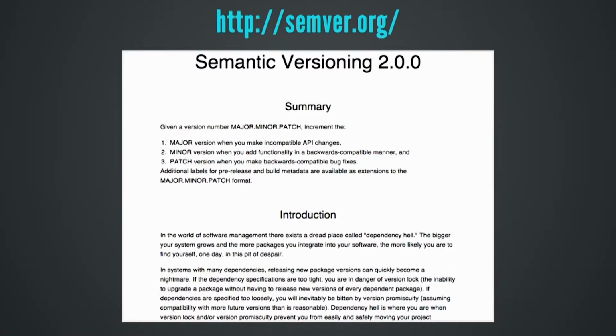So before we leave package.json, there's one key thing that we need to mention, and that's Semver. Semver.org, or semantic versioning. It came out of GitHub, and what they said is, you know what, we understand what these version numbers mean, but let's put a little bit more semantics behind them.